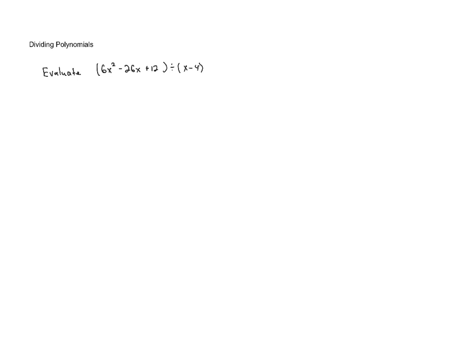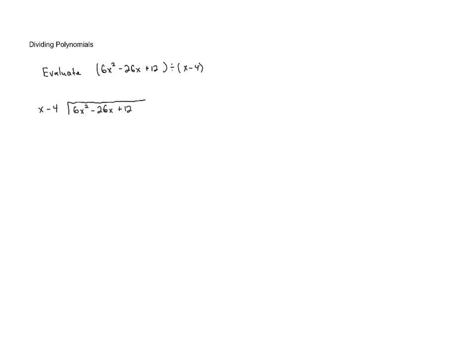Now, when we are dividing polynomials, we actually set it up like a long division problem. The first polynomial goes on the inside of the division symbol. So 6x squared minus 26x plus 12. And then the second polynomial goes on the outside on the left.